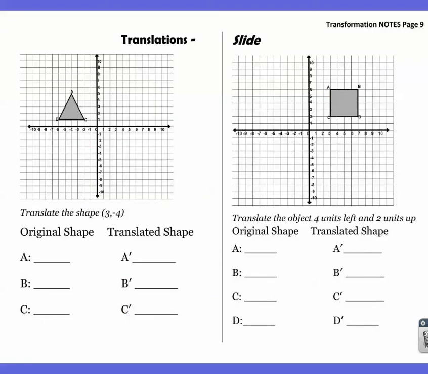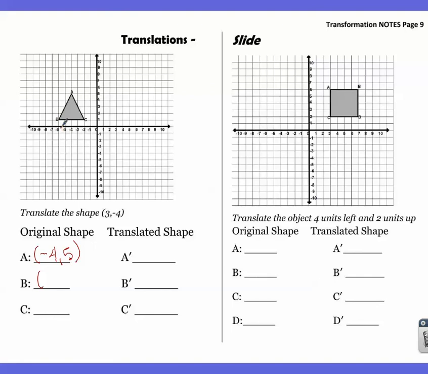Let's practice. So if I were to write my original points for this triangle ABC, they would be -4, 5, because you're going left then up.